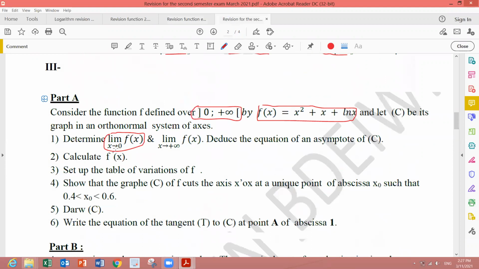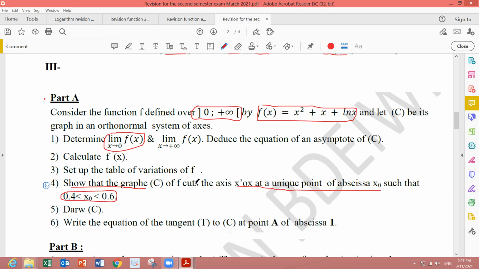Part 4. Show that the graph C of f cuts the x-axis at a unique point of abscissa x0, with x0 between 0.4 and 0.6.